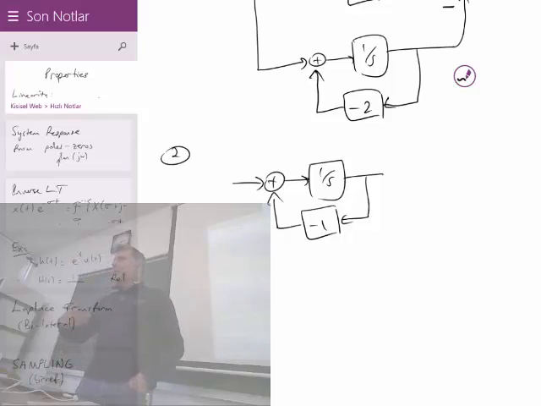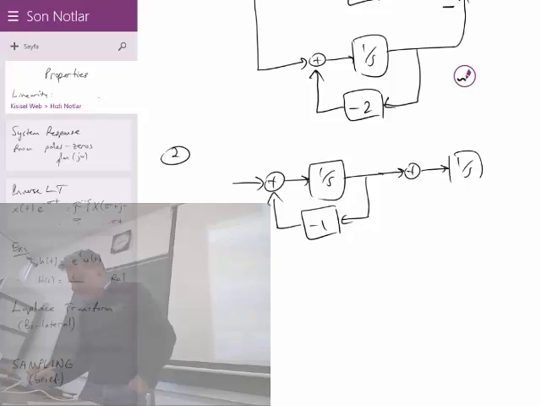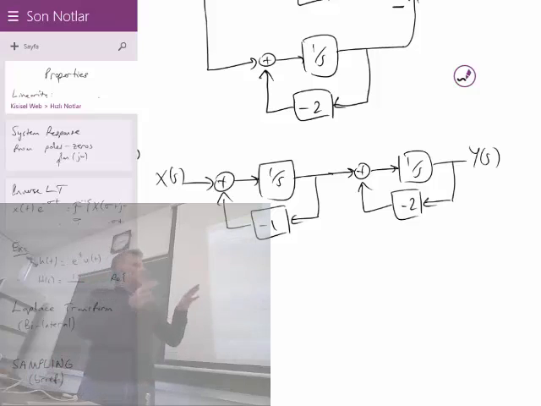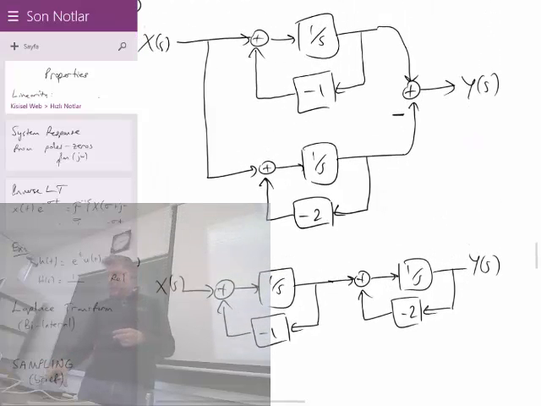And then I have to cascade it with the second implementation, with minus 2 feedback. And the input is x of s, output is y of s. Just a series combination of the two systems. Amazingly, the top one and the bottom one are equivalent. They correspond to the same systems.